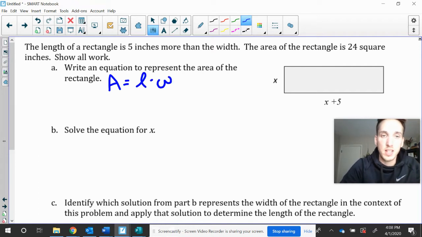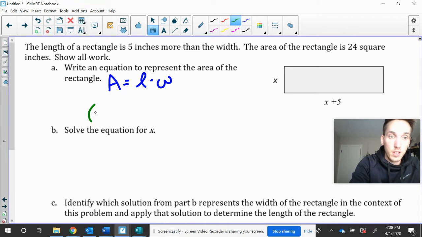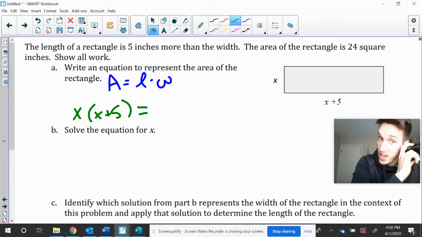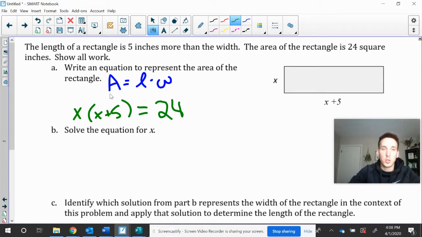So my equation here: the length is x plus 5, the width I'm going to say is x, and all that equals the area. What's the area? It's 24. So here's the equation for our area: length times width, x times x plus 5 equals the area, which it told us was 24. So that's how we set it up.